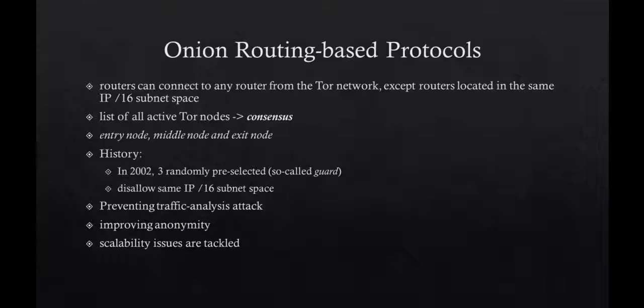A further change in the routing policy is to disallow the same IP, that is the /16 subnet space. That is why the revised version is the routers except the ones located in the same IP subnet space.